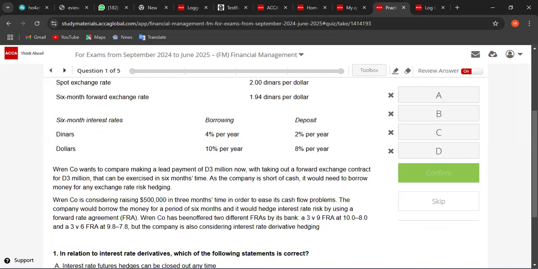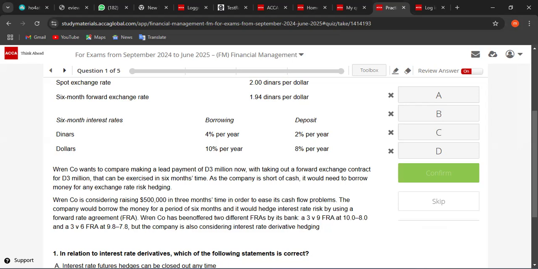Now, the company wants to compare making a lead payment of D3 million now with taking out a forward exchange contract for D3 million. So they are going to compare the two things. One is a lead payment.